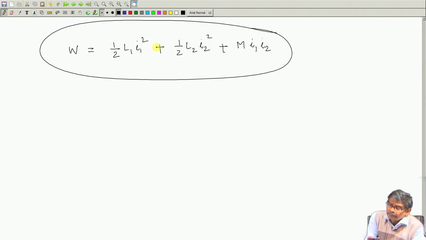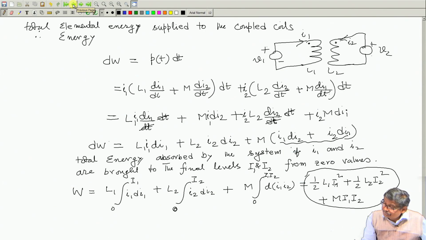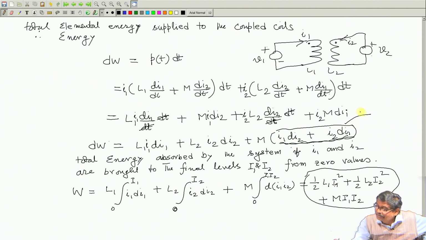In a single inductor L, half L I square, we did the same thing: voltage across the inductance, current flowing into it, and then L1 dI1/dt, in time dt how much energy you are supplying, then you are integrating from 0 to I1. Similarly, the second term, and fortunately these two terms come in such a beautiful fashion that I1 dI2 plus I2 dI1 is nothing but M d(I1 I2), a perfect differential, product of two variables.